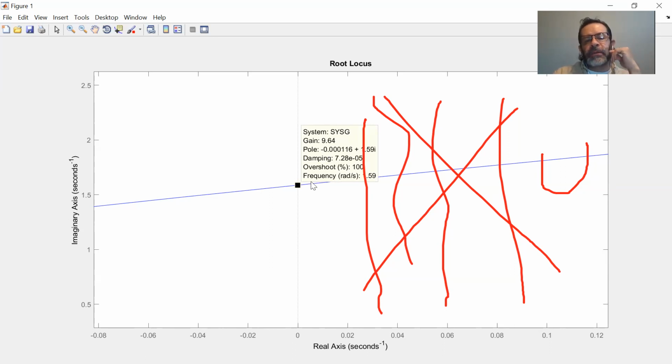Right now the pole is still negative at 9.64, but at 9.66 approximately, I already have a pole at 0.0038. This is positive, so the system is going to be unstable. So the range for stability is approximately between 9.64 and 9.65.